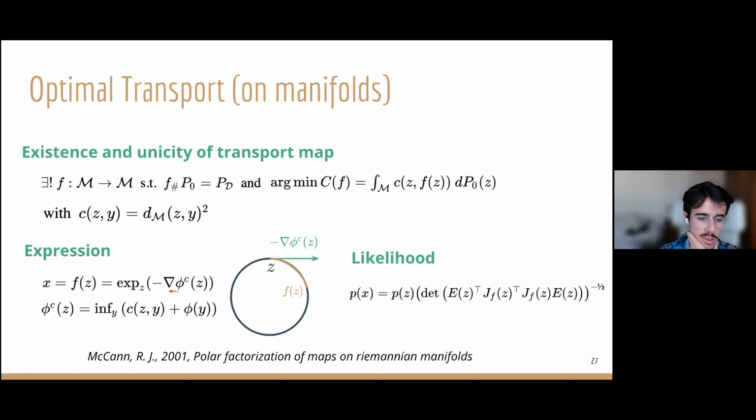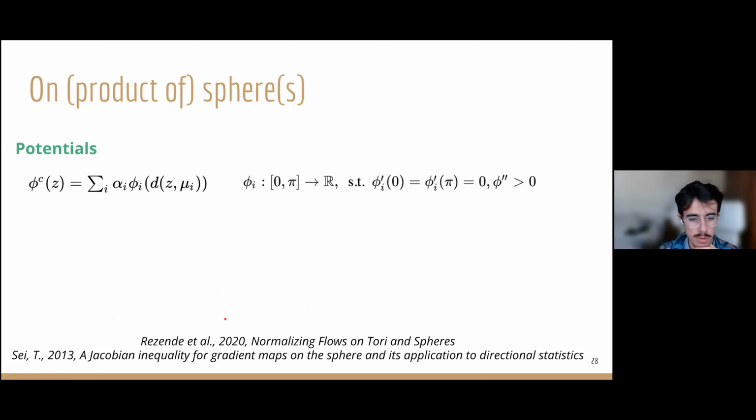Yeah, so then the question is how to parameterize this class of C-concave potentials, and there are different papers on that. One thing which is nice on spheres and products of spheres is that the space of such C-concave, convex functions is a convex space.